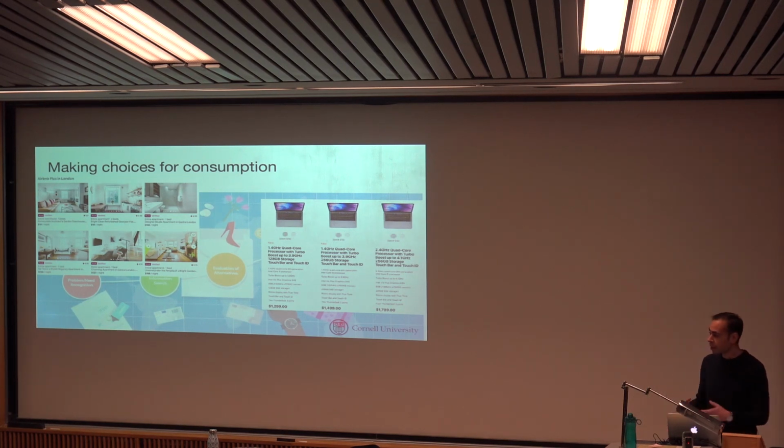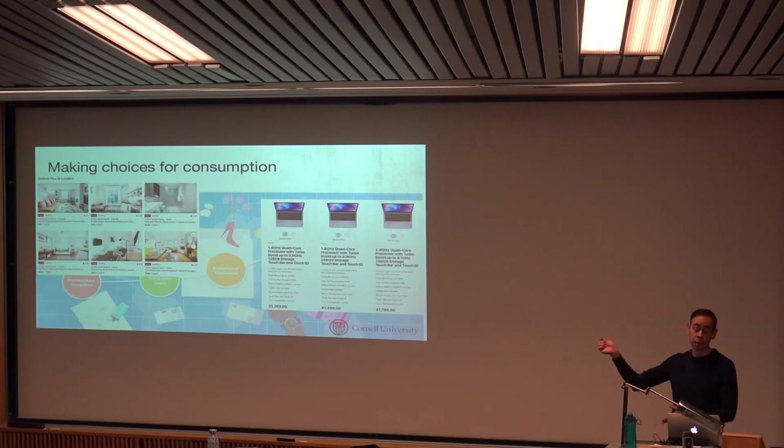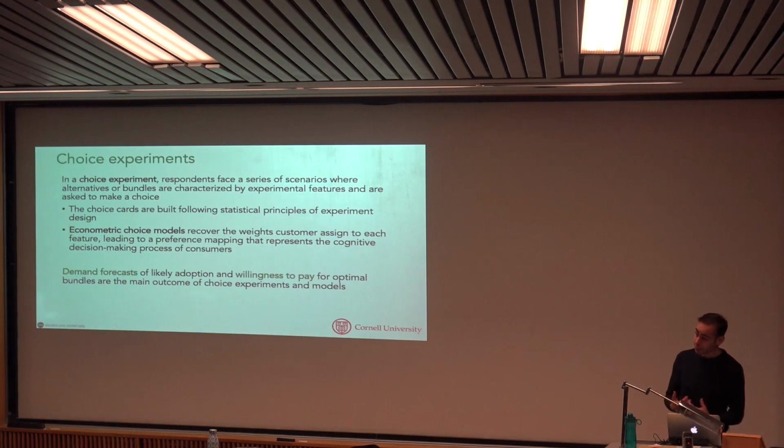And for doing that, we can go to actual markets and see, okay, people chose this particular location at an Airbnb, or they bought this particular computer. In some other cases, we don't have actual market observations. And when that happens, we use something that we call choice experiments. In this choice experiment, people are faced with a hypothetical buying context.